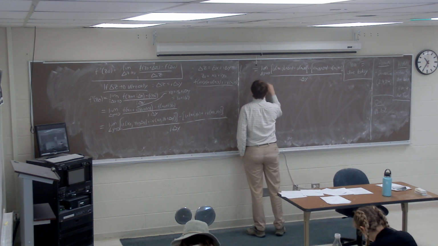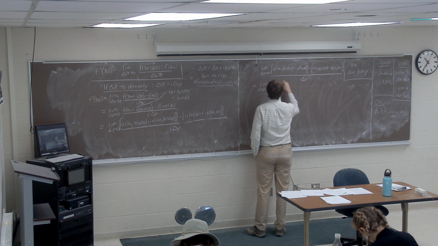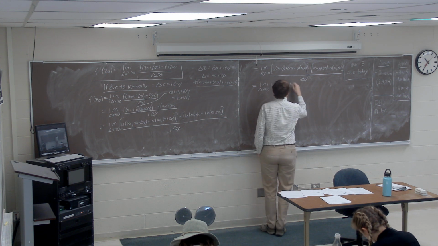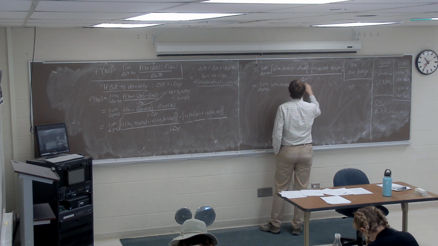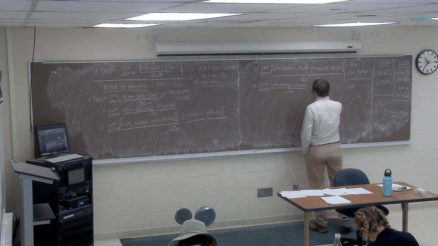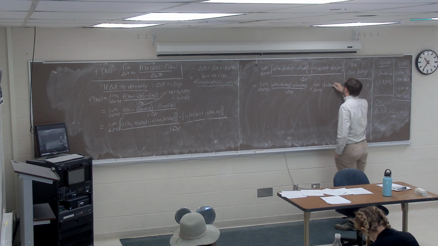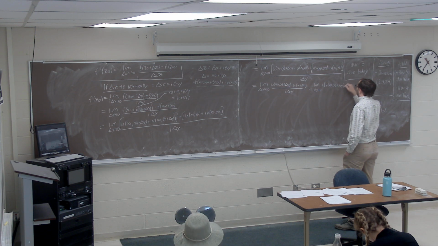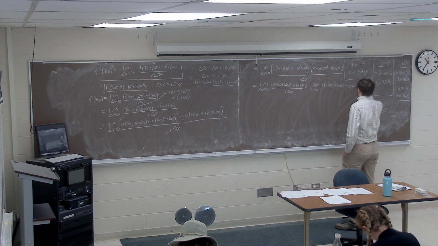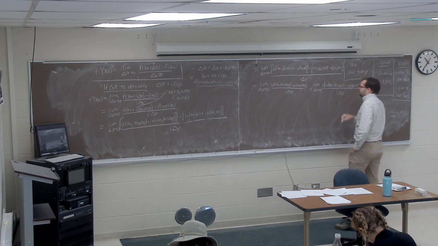That'll give us the limit as delta y goes to 0 of u of x naught comma y naught plus delta y minus u of x naught comma y naught over i delta y, plus limit as delta y goes to 0 of i times v of x naught comma y naught plus delta y minus v of x naught comma y naught, all over i delta y.